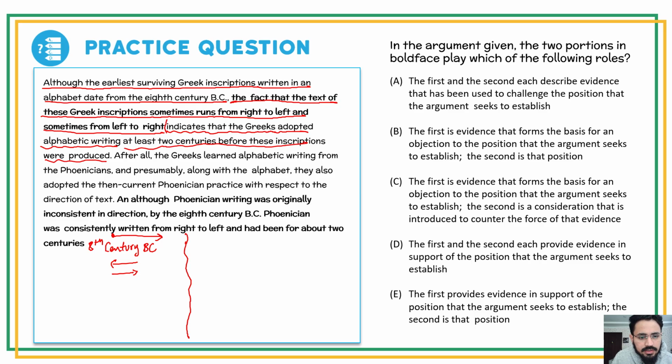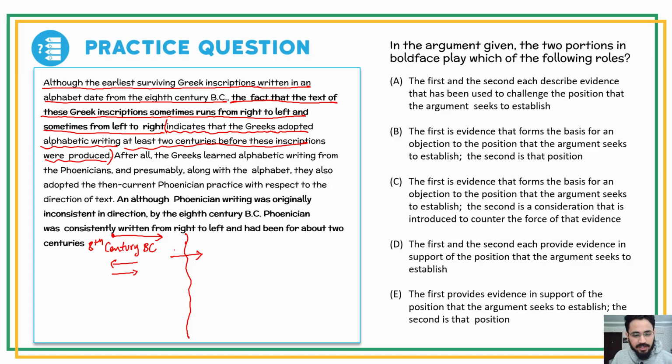And if I analyze the language here a little, it's definitely a position, it's not a fact. They do not know for sure that the Greeks adopted alphabetic writing at least 2 centuries before these inscriptions were produced. So yeah, I would jump into the position column or the non-fact column.